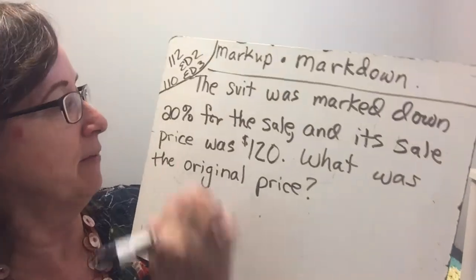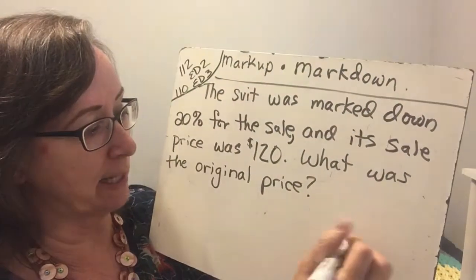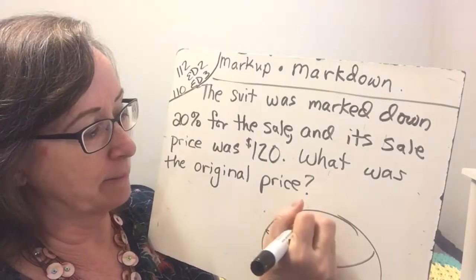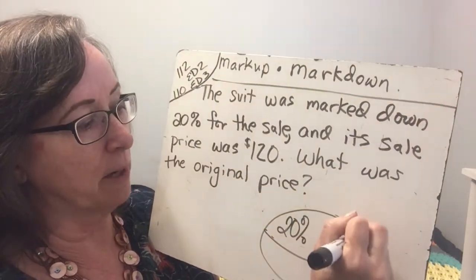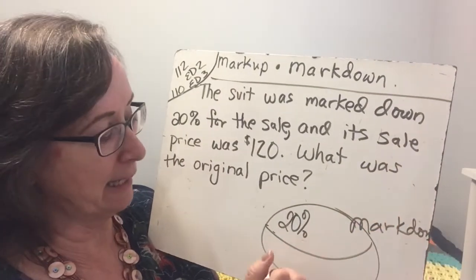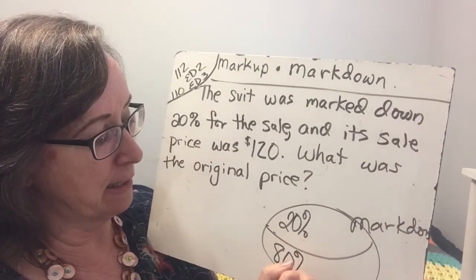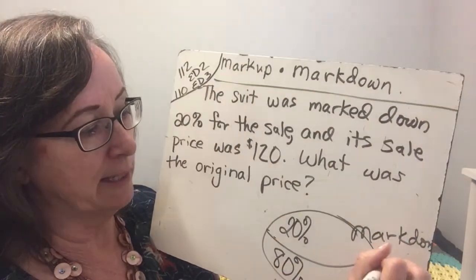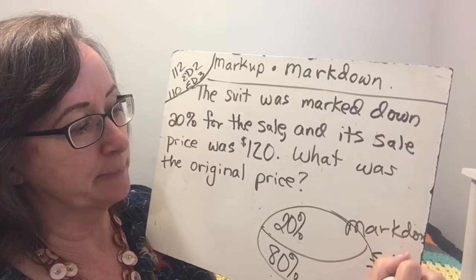So we have marked down 20%. So we can go ahead and make our little 20% was the markdown. That leaves 80% to be the price paid. We could say the selling price.